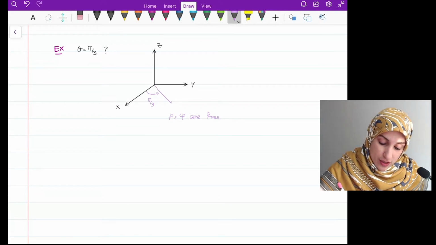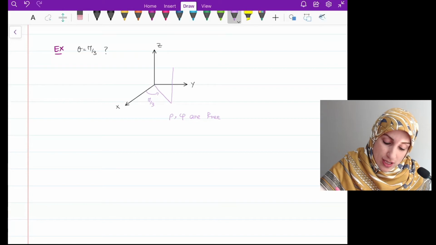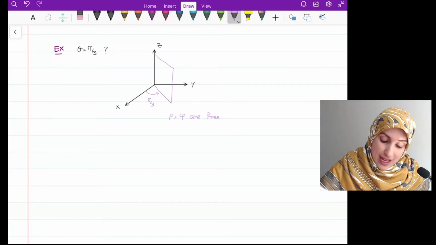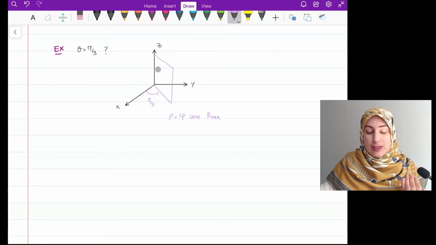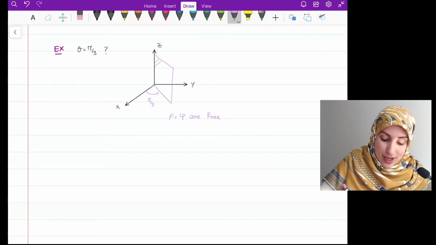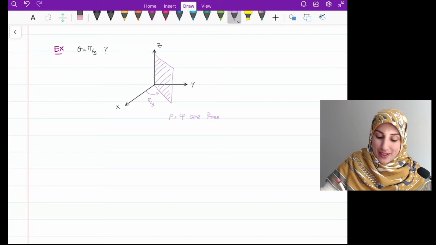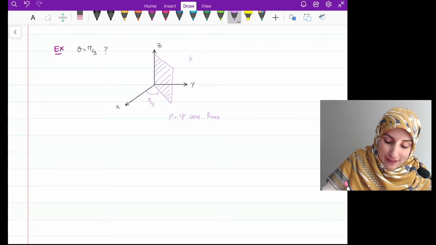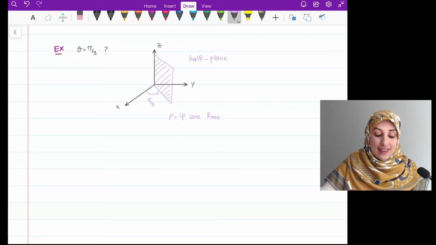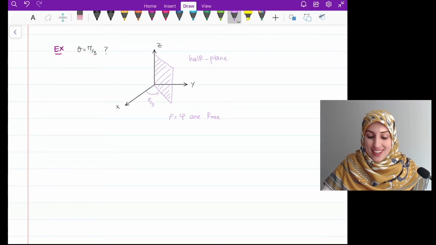That's why rho can be from 0 to positive infinity, and phi can be from 0 to 2 pi. That's why we just get this half plane. Theta equals pi over 3 is a half plane.